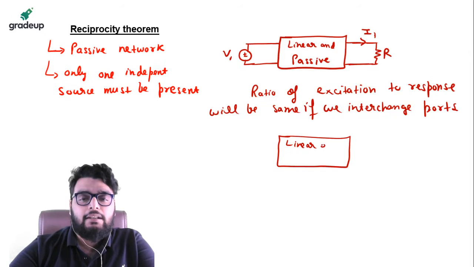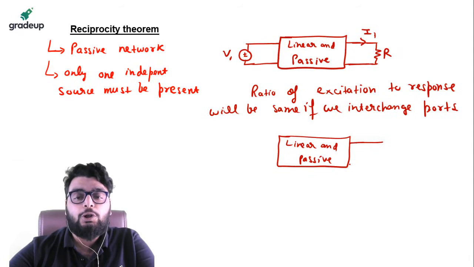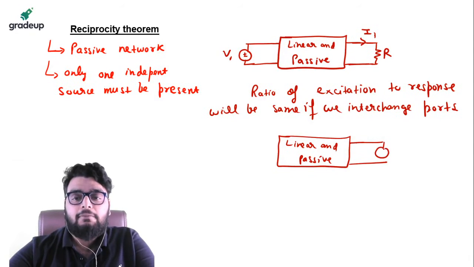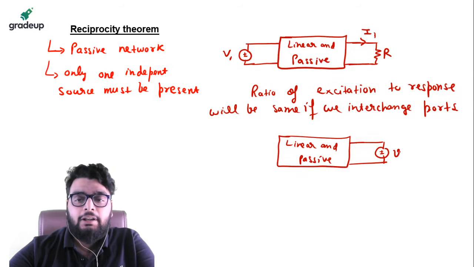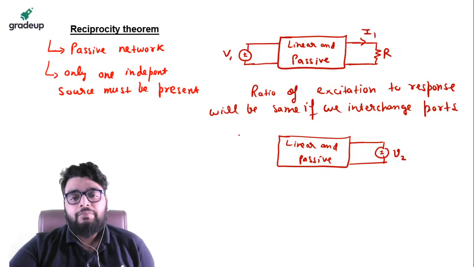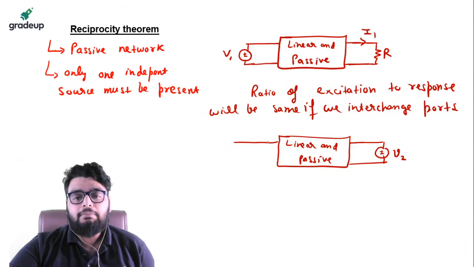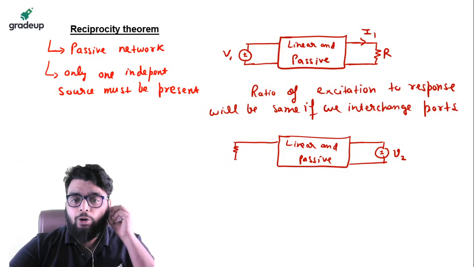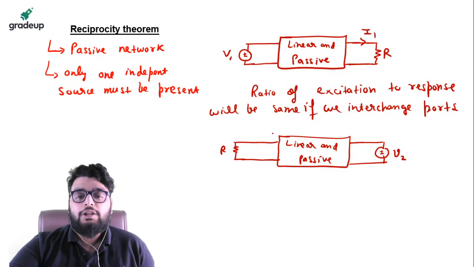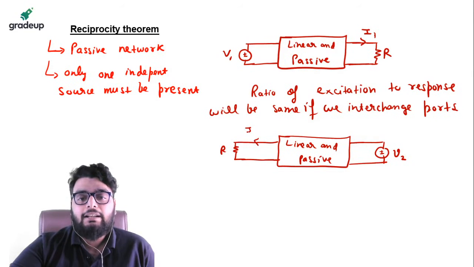The network is still the same, but I am interchanging the input port to an output port. Now this port becomes the input port. Let us suppose the voltage is V2, and this port becomes the output port. The resistance is the same, but because the voltage is changed, this becomes the current I2.